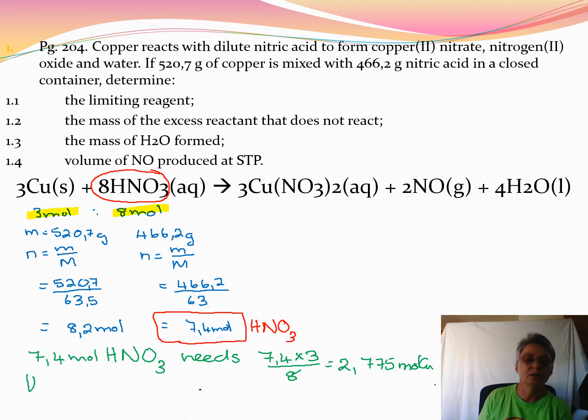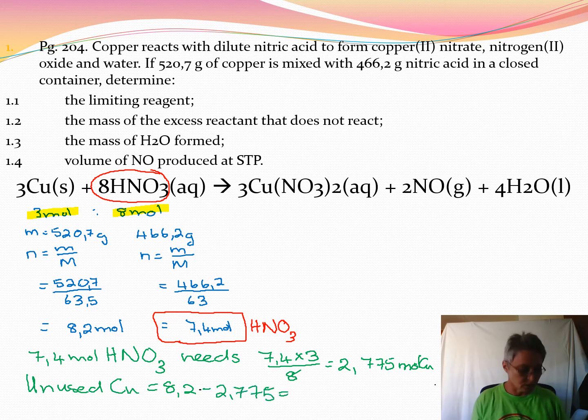So the unused copper is 8.2 minus the 2.775, which is 5.425.